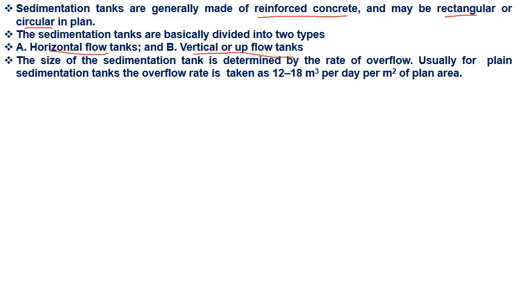Usually in plain sedimentation tanks, the overflow rate is taken as 12 to 18 meter cube per day per meter square of plan area. That means if this is a plan area of 1 meter by 1 meter, it will settle the water at about 0.75 meter cube per hour per meter square.